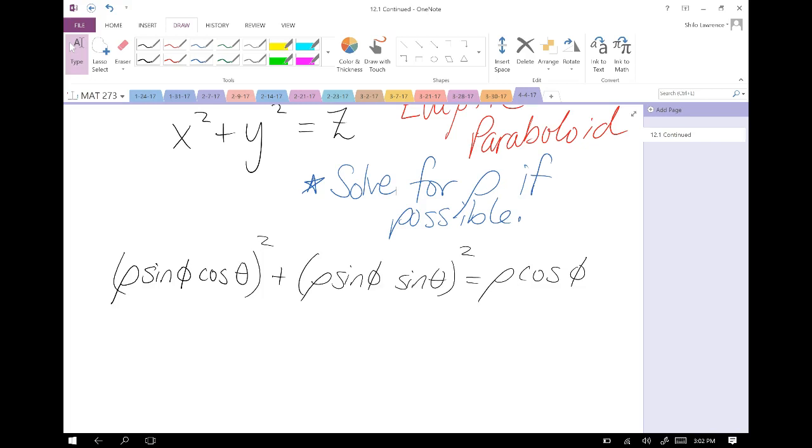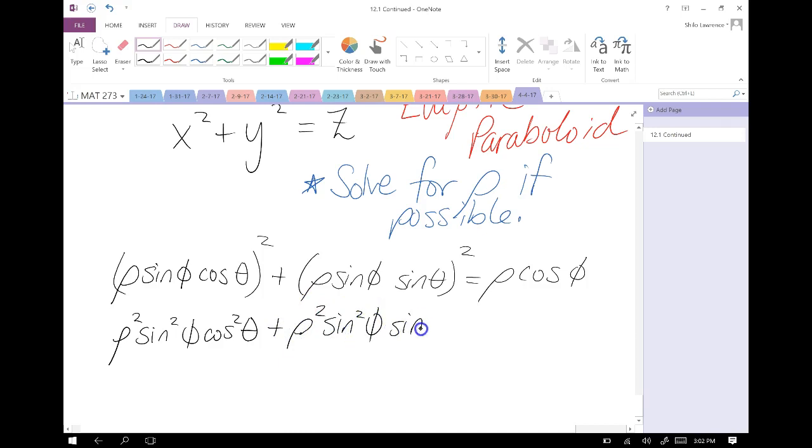If there's addition or subtraction, you're not allowed to distribute squares. But here, I don't see addition or subtraction inside those parentheses, so we are allowed. So this is rho squared sine squared phi cosine squared theta plus rho squared sine squared phi sine squared theta equals rho cosine phi.